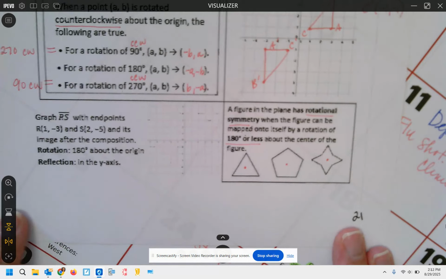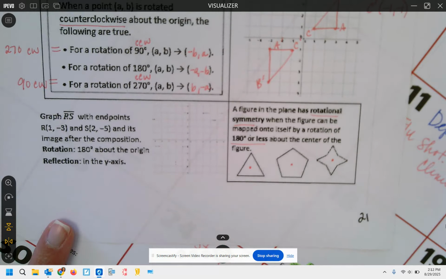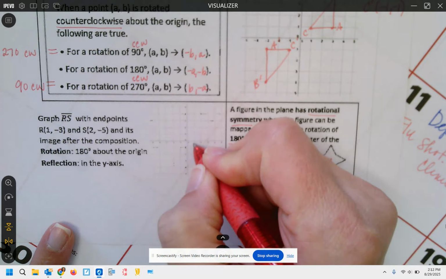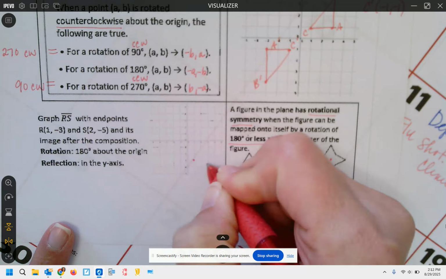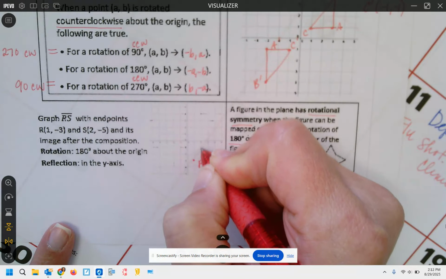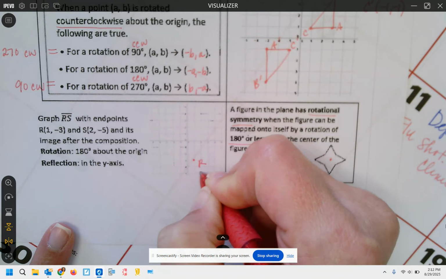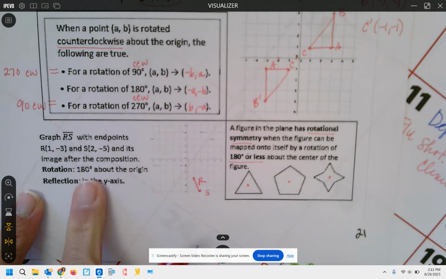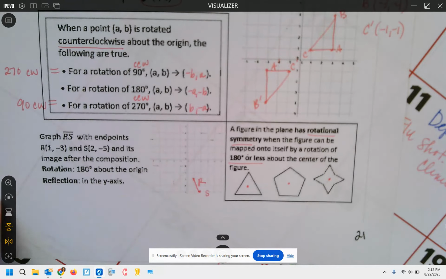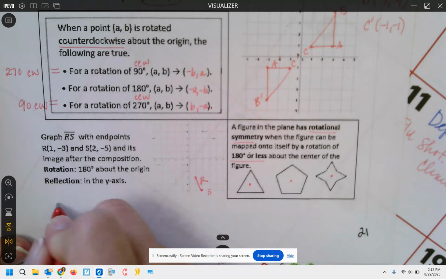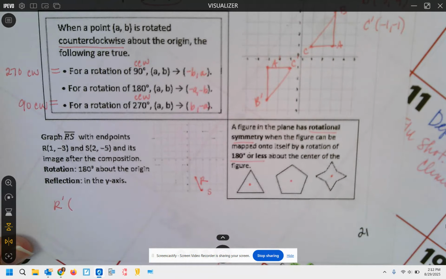And the last example over here says graph segment RS with endpoints 1, -3 and 2, -5. So there's the original. The first transformation, we're supposed to rotate 180 degrees about the origin. So again, I'm just negating the coordinates.